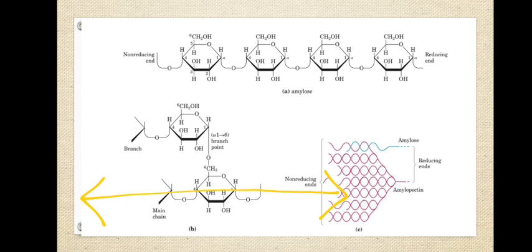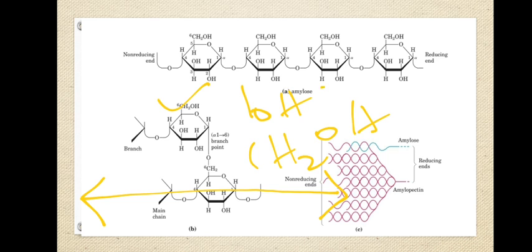Here is our glucose molecule, and this is the 6th carbon atom. This 6th one is CH2OH. The first carbon atom of this particular glucose molecule has OH here. Now a molecule of water is eliminated, so that this O will form a bond here.